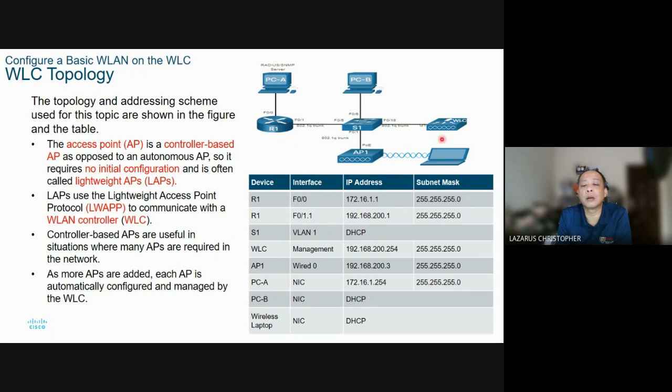So in this topology, the only thing that you need to configure is this central location, the WLC, or the wireless LAN controller, and all the configuration will be distributed to all the other APs, right?